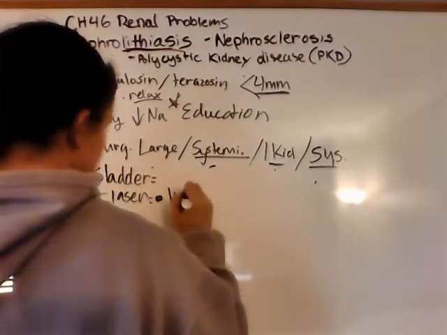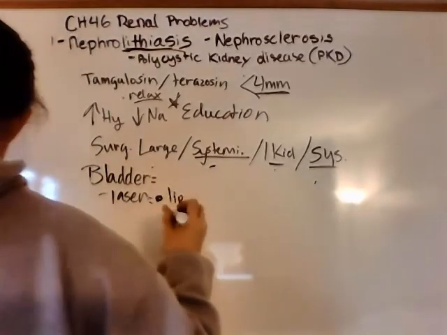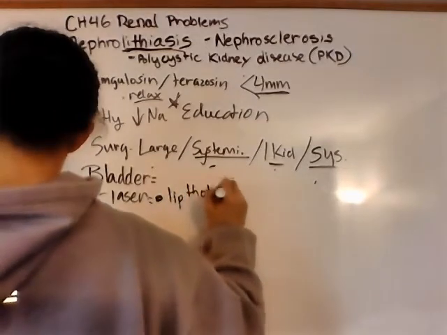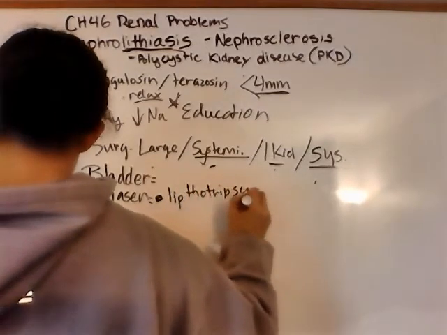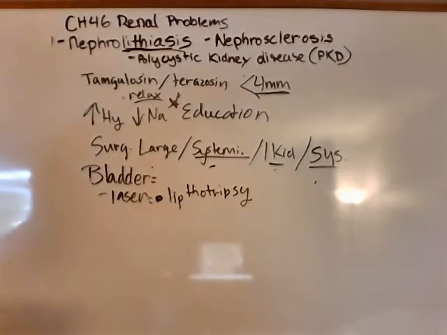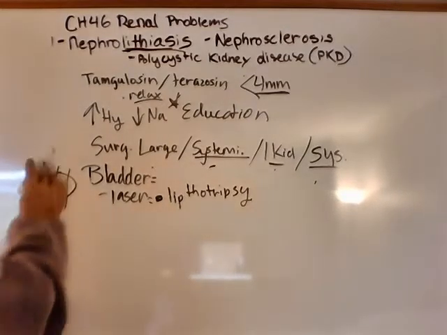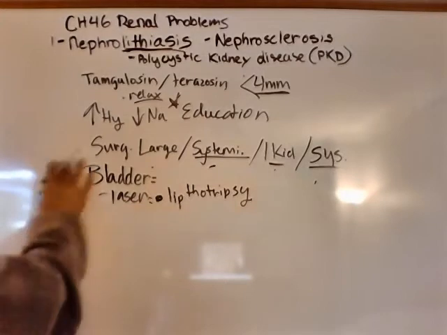That's called lithotripsy. Let's make sure I spell this right. Laser lithotripsy. All right. So doing the laser lithotripsy for the urinary tract, and that's going to cut down maybe a large stone to many small stone pieces, so that the person can actually pass the stones.